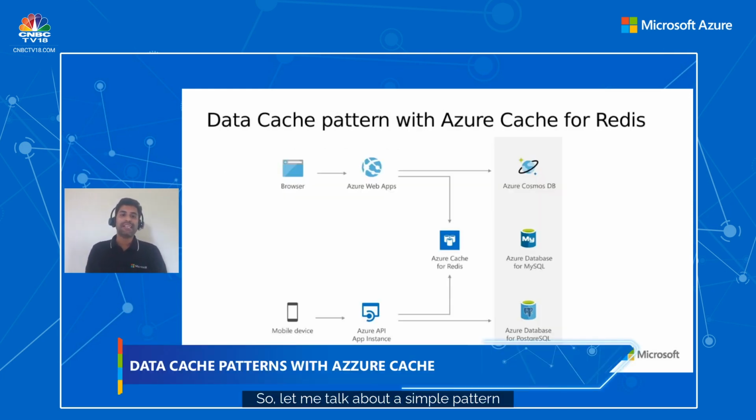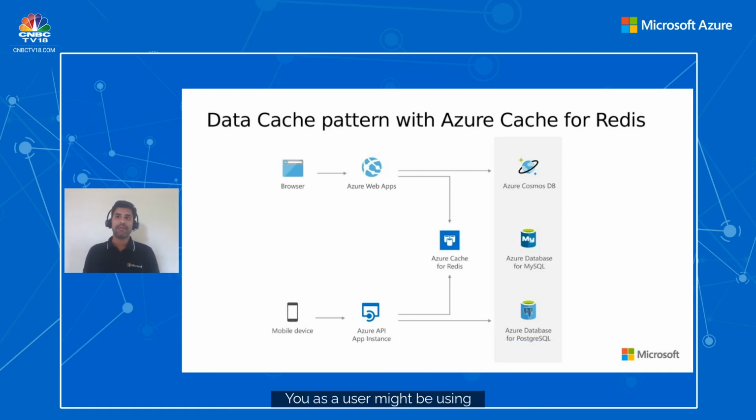So let me talk about a simple pattern or an example. In this architecture, you as a user might be using either a web browser or your mobile device, exactly as in a shopping cart, where you might be connecting to either an app service or a mobile app endpoint, and whenever you want to have a lookup, you usually connect to a backend database.